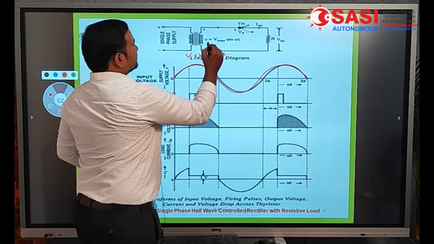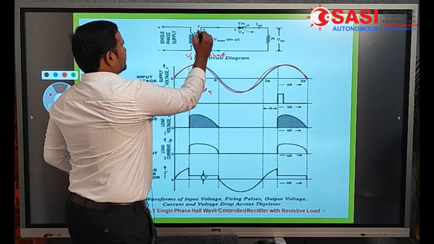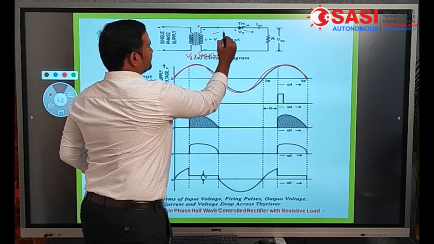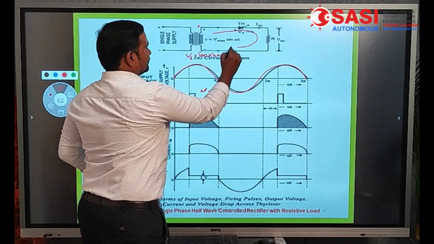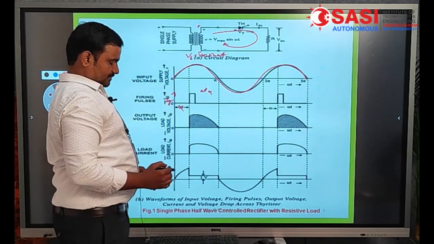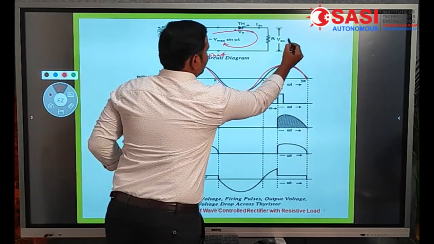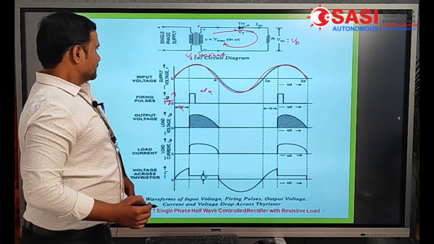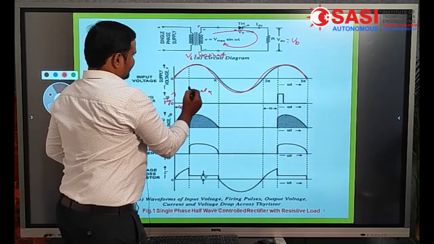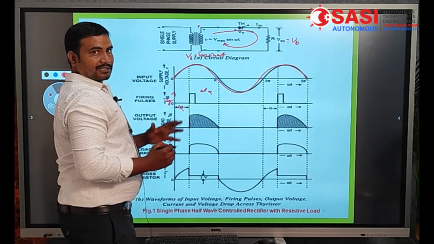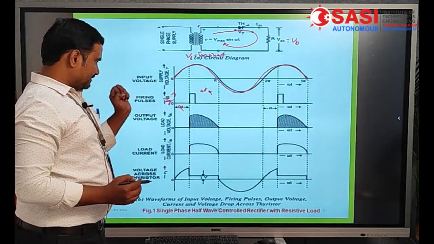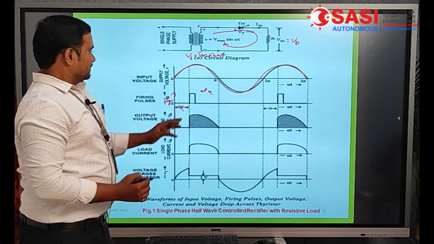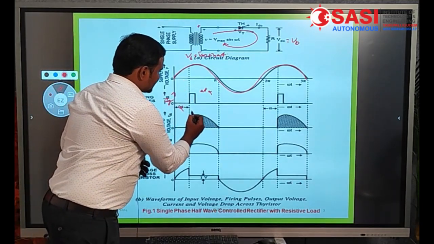During the positive half cycle, this terminal is at higher potential than that one, so current starts to flow through the thyristor and in the circuit. Therefore we get the output voltage V0 across the load. From 0 to alpha there is a possibility of controlling the output voltage, so whatever alpha is given to the thyristor, that amount of voltage can be controlled.